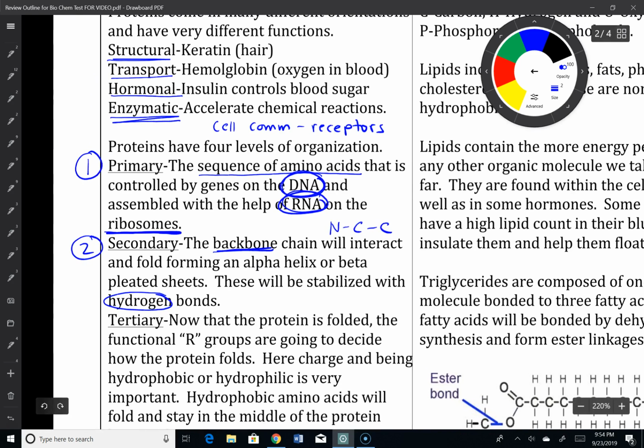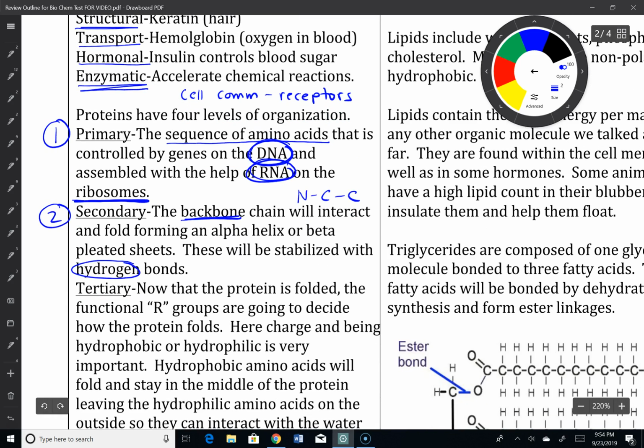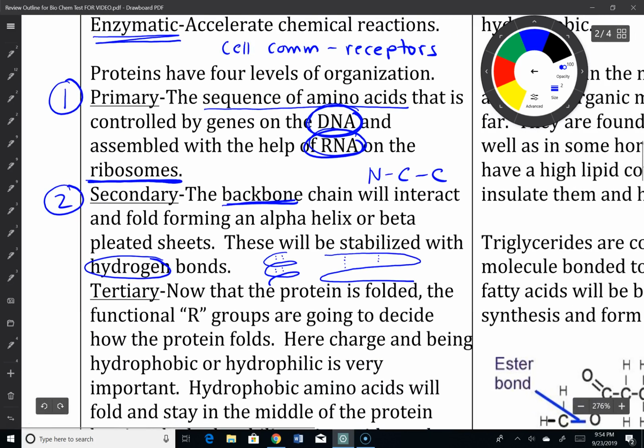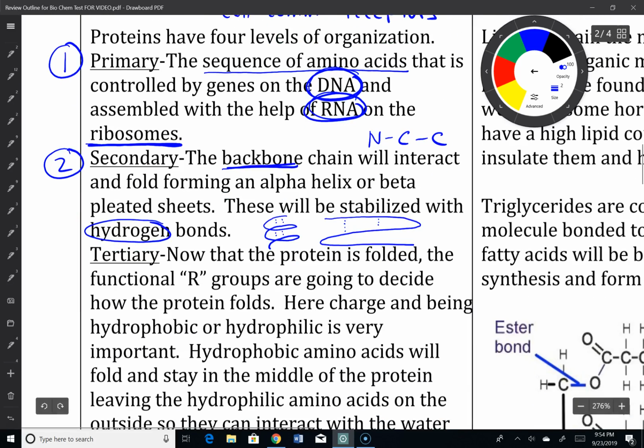So if we draw that real quick, well, we don't really have too much room, but an alpha helix will look something like that, and the beta pleated sheet will look something like that. And it is the hydrogen bonds that are stabilizing it in this region. The R groups are not involved.